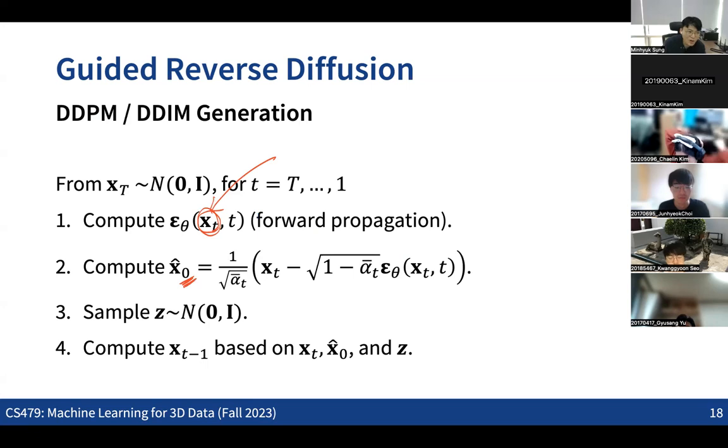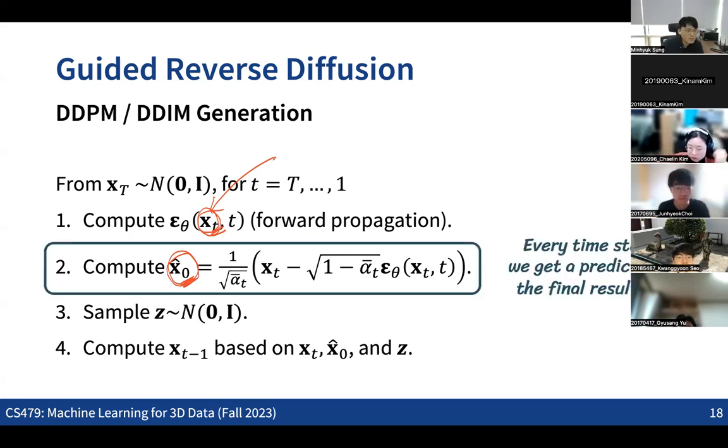So even before we run the entire reverse process, for each x_t, the noisy data in the intermediate step, we get a prediction for the final output. Obviously, this output may not be the same as the output that we get at the end, but it is a prediction for the noisy data that we have at the intermediate step.